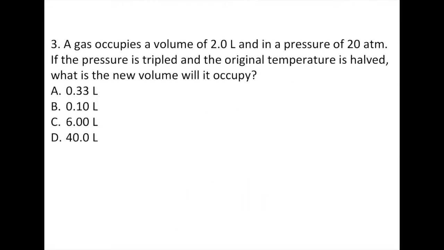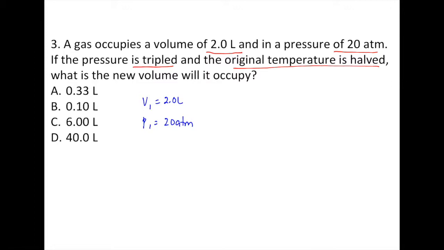Next, for problem number 3, a gas occupies a volume of 2 liters and a pressure of 20 atm. If the pressure is tripled and the original temperature is halved, what new volume will it occupy? Let's first identify the variables. We have here the volume 1, which is 2 liters, pressure 1, which is 20 atm.